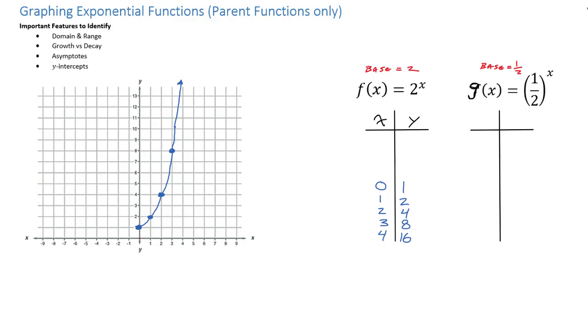Now, what happens when we go into the negatives, like -1, -2, -3, and so on and so forth? I'm going to go a little farther and ask, what's 2 to the -1? 2 to the -1 is 1 over 2, or 0.5. So I'm going to squish that in, 0.5.